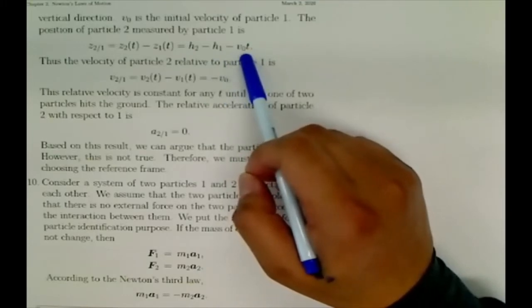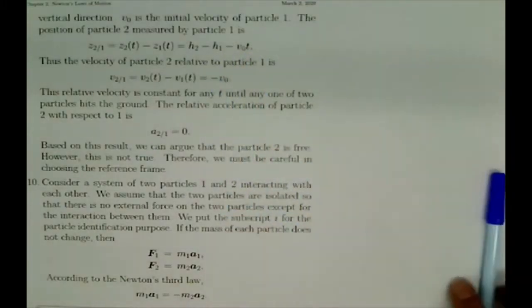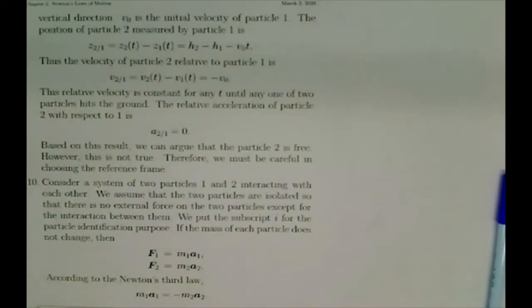So, if the two particles are observed on the ground, we can observe the acceleration due to the gravitational force. However, if we measure the motion of particle 2 from particle 1, because both of them are accelerating with the gravitational acceleration g, there is no acceleration at all.